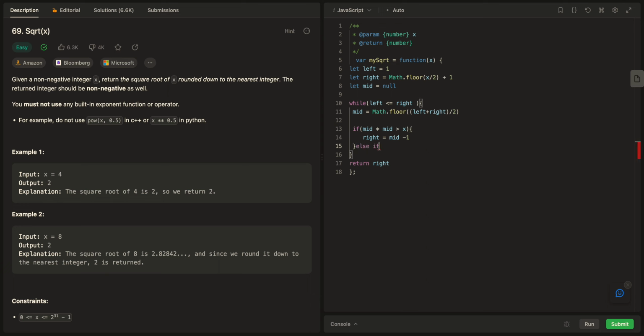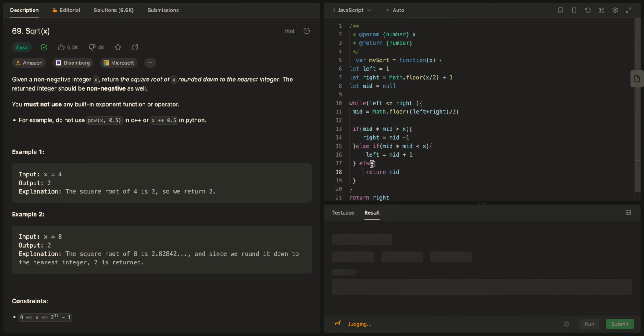Else if mid multiplied by mid is less than x, I'll say that left equals mid plus 1, else I will return mid. And I guess that's it.